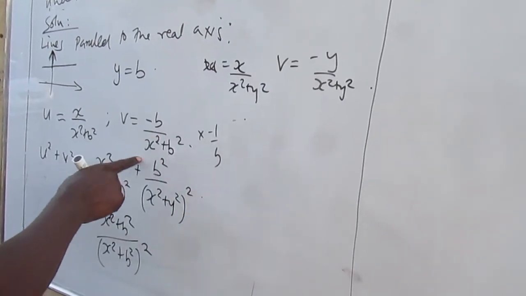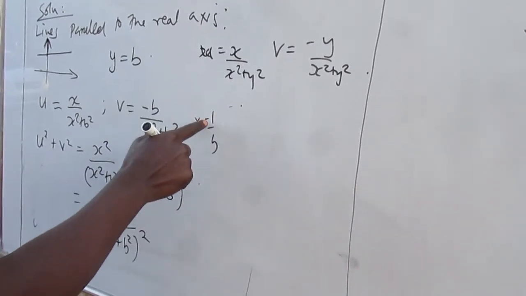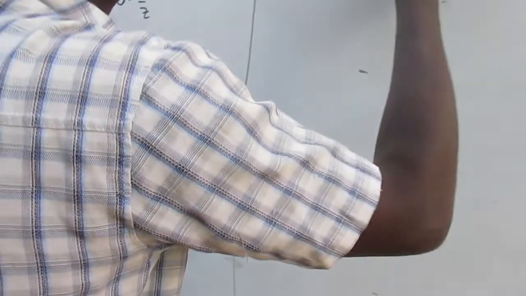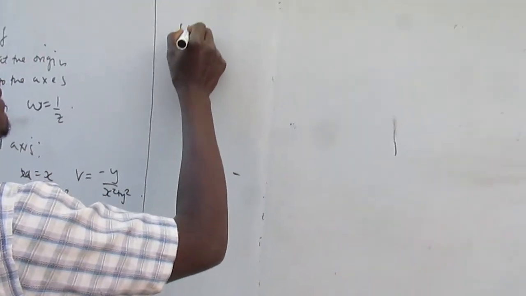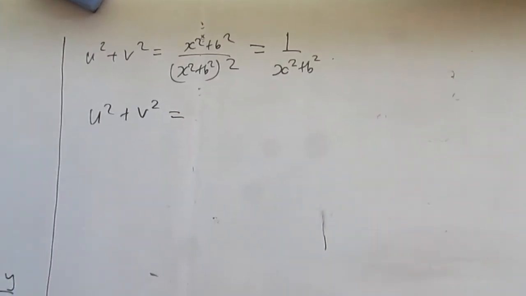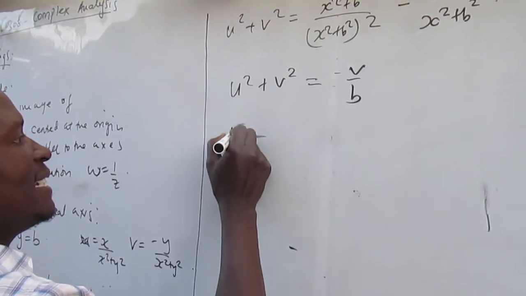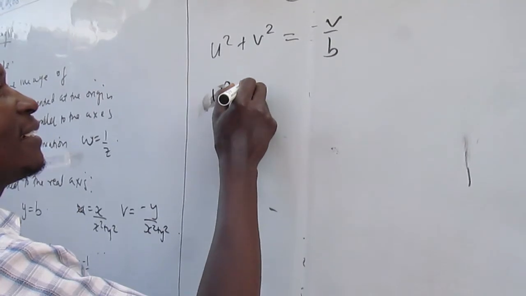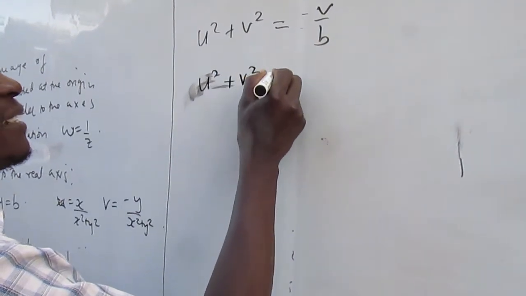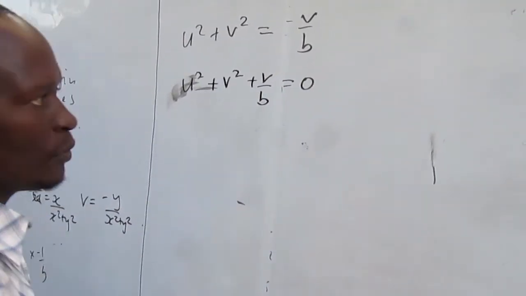So if you multiply this expression by negative 1 over b, then we get this. So this is the same as u squared plus v squared, same as negative v over b. And so we can write this as u squared plus v squared plus v over b is equal to 0.